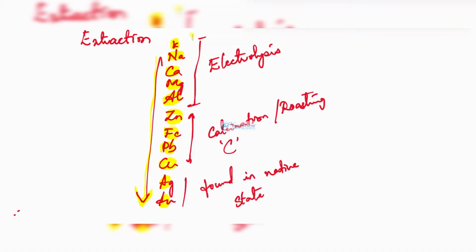The top elements in the reactivity series are extracted by the process of electrolysis. The middle elements can be extracted by reducing with carbon, that is by calcination and roasting. And the metals at the bottom of the reactivity series are found in native state. They are free, available as they are, so we need not extract them.